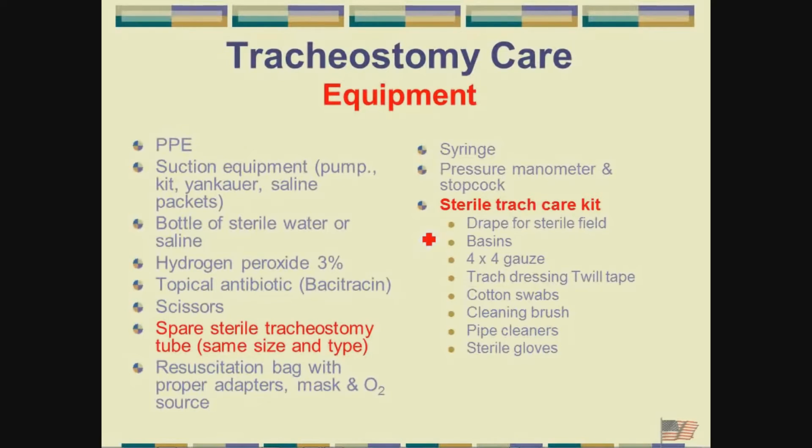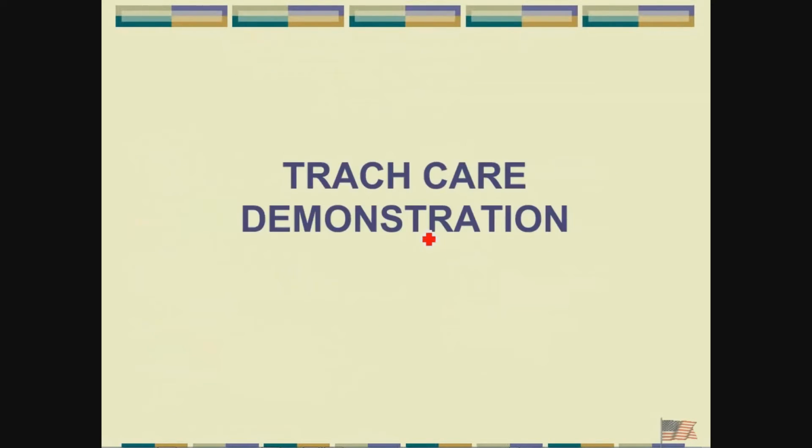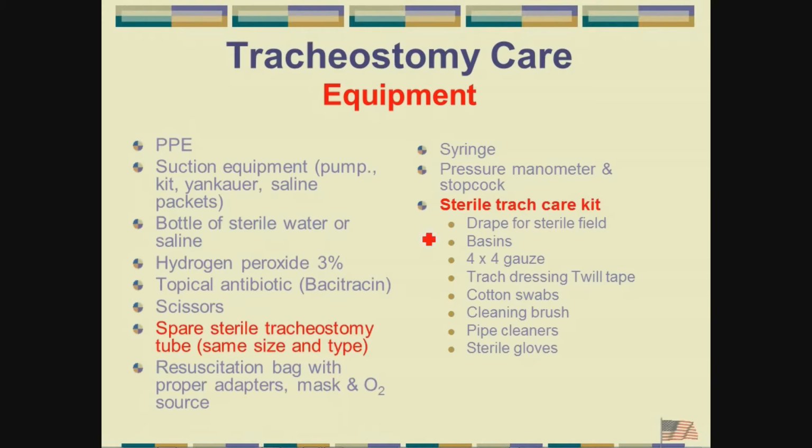Need a spare tube, the same size, any kind of resuscitation equipment, our syringe and pressure manometer, stopcock system to measure cuff pressure. And then there's trach kits. We have trach kits for each of you that you'll play with, reusing again and again. And we have all kinds of great stuff inside them. There is a sterile drape, a couple of basins, gauze, cotton swabs, cleaning brush, pipe cleaners, all kinds of cool stuff to clean that inner cannula out, because they can get rather grungy.